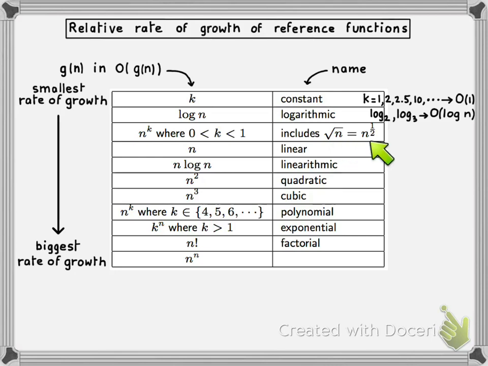Now if you square this number, you're taking n to the power 1/2, and you take all of that to the power 2. In other words, you're taking n to the power 1/2 times 2, which is 1. So you get n again. So the interesting thing to realize is the square root function is also a reference function, namely n to the power 1/2.